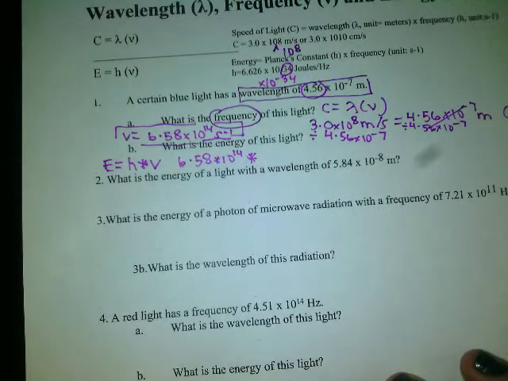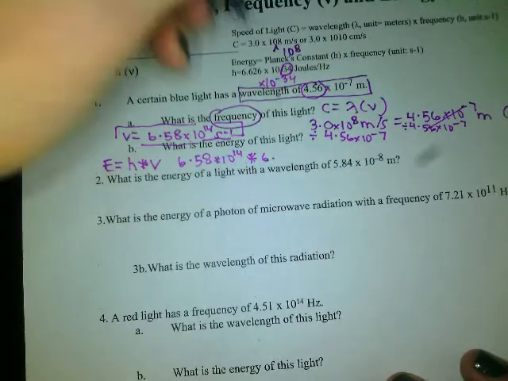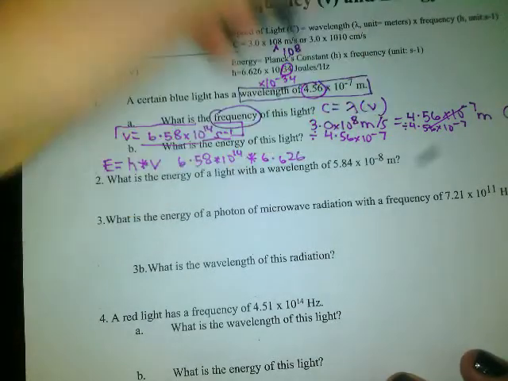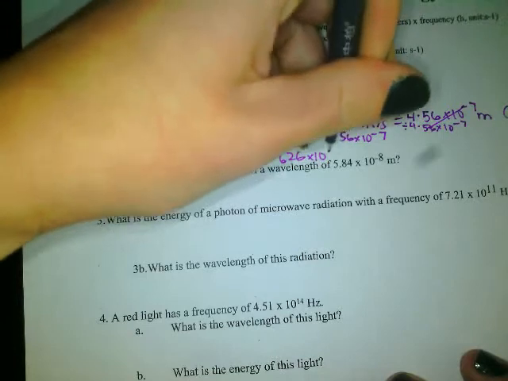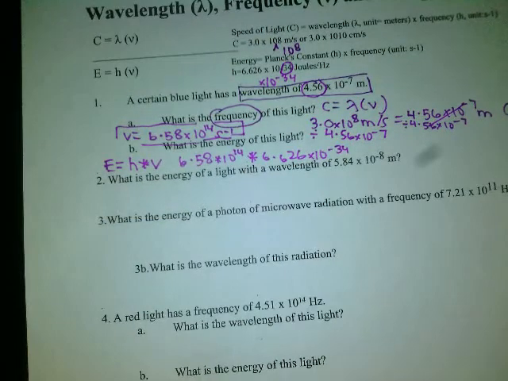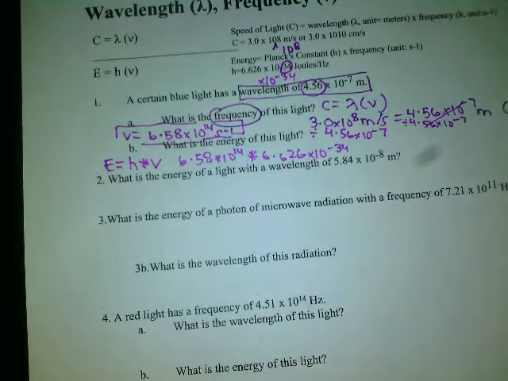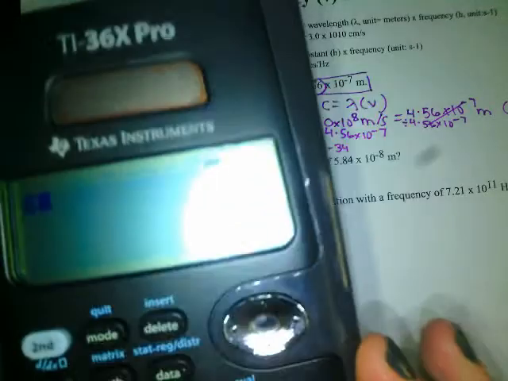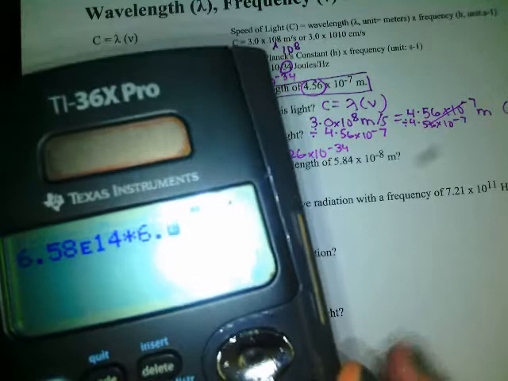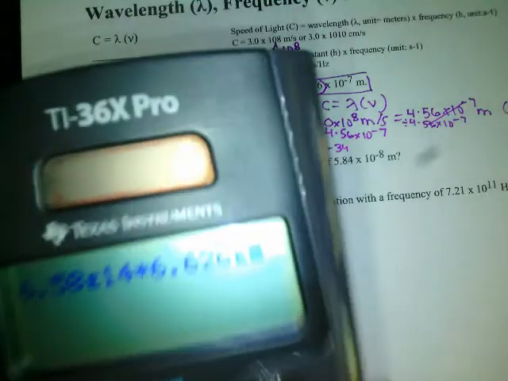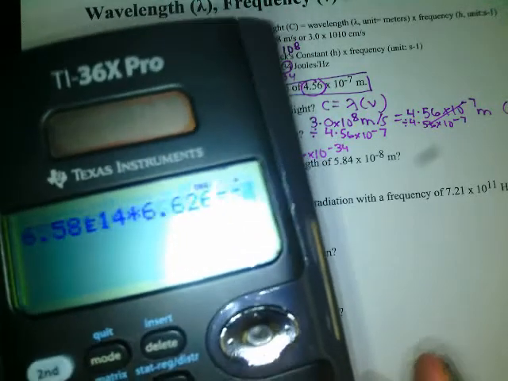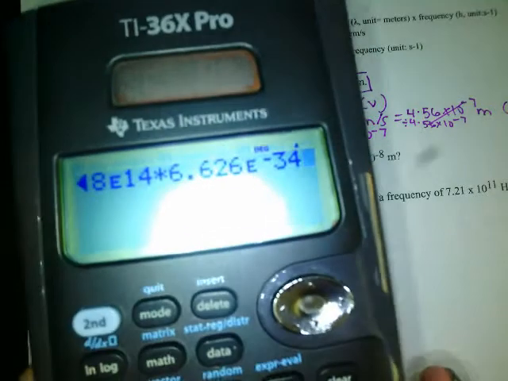And I'm just going to plug that in, and that will give me E. So 6.58 to the 14th power times 6.626 E to the negative 34. And there's my answer. So I'm going to say 4.36 times 10 to the negative 19th power.